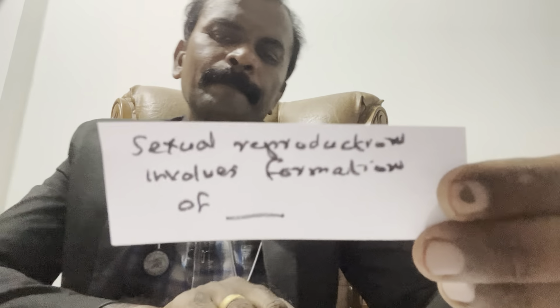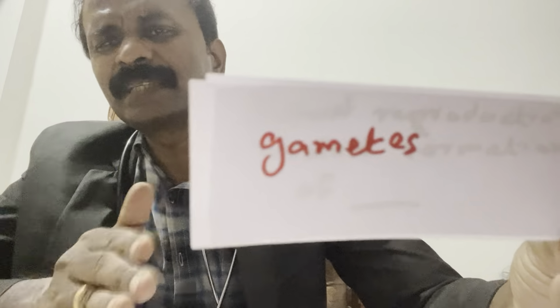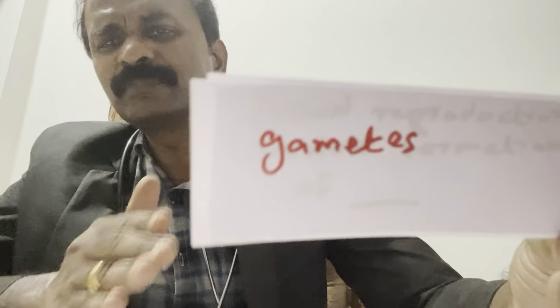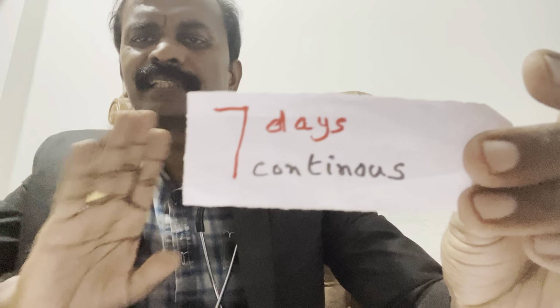Sexual reproduction involves formation of what? Formation of gamete. These are all the direct MCQs. They have asked so many times. How to remember? Only one method. 7 days continuous recall. Don't waste your time.